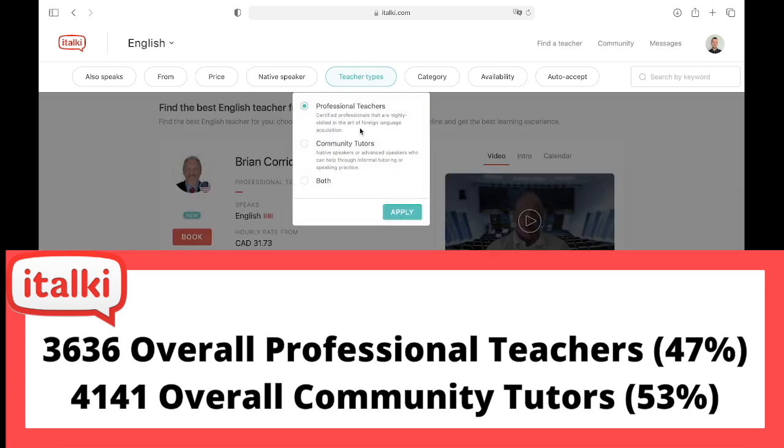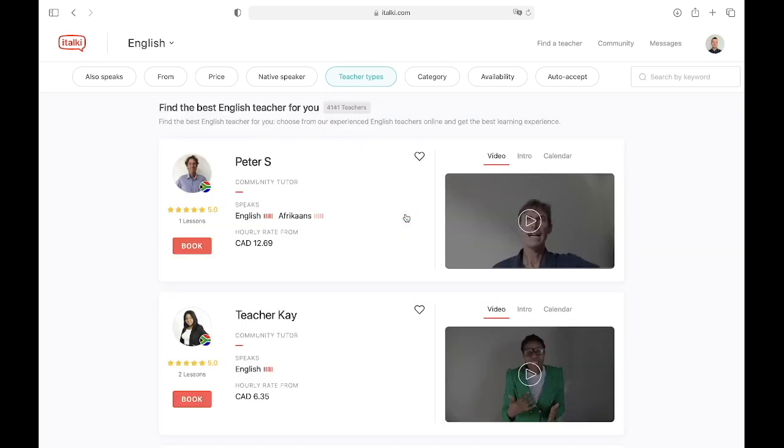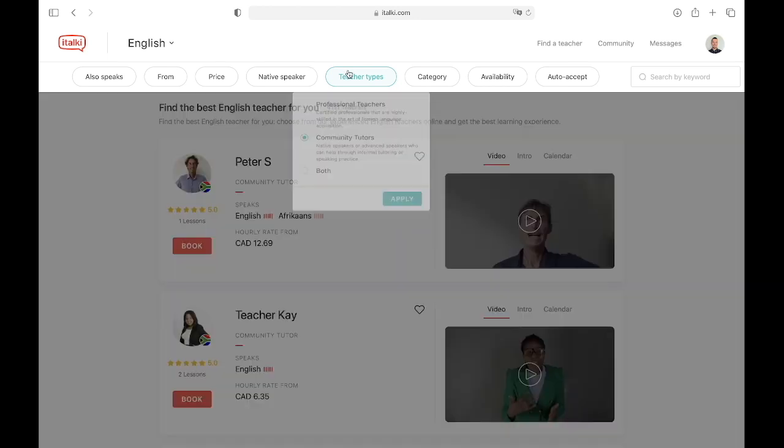So it's a little bit of a difference from native speakers versus just the overall selection of English teachers on iTalki. And that's important because there might be an assumption that native speakers tend to be more professional than non-native speakers. But of course we could see that there are non-native speaker professional teachers on here as well.